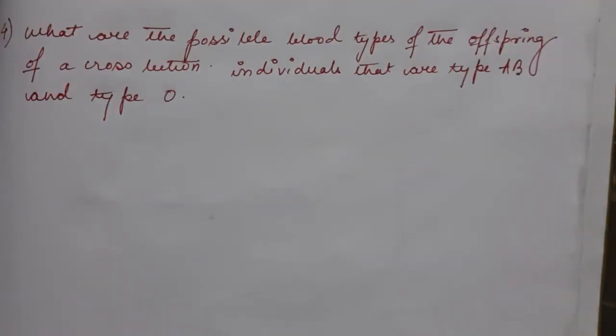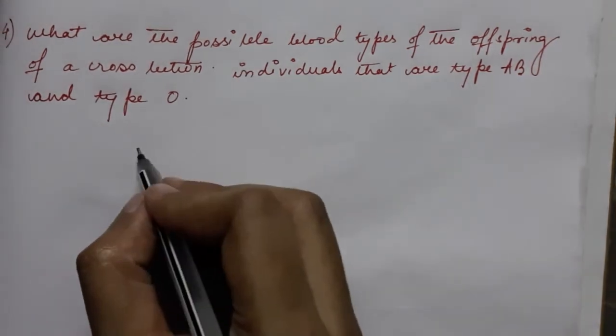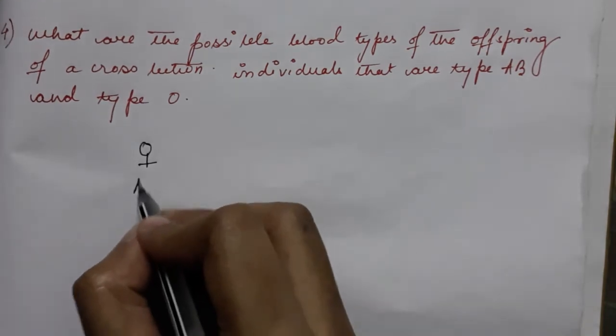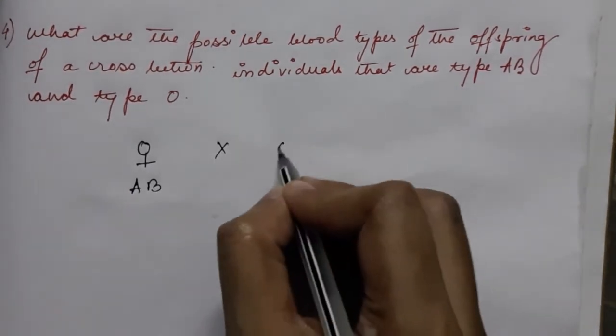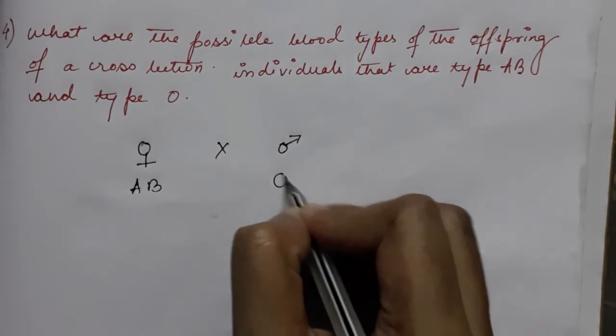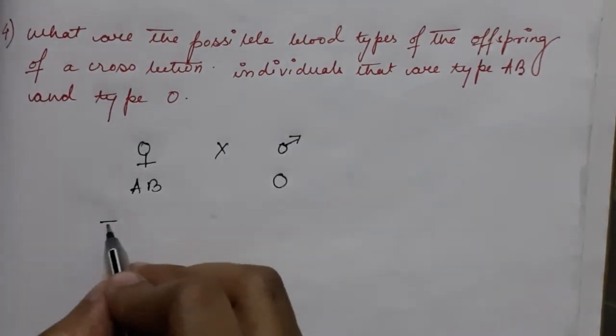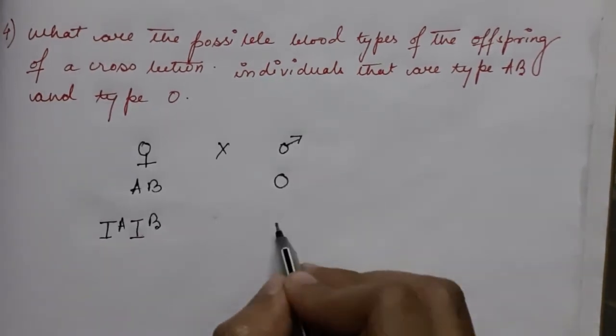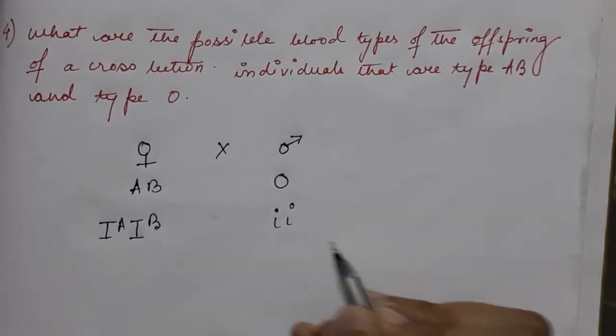Our next question is, what are the possible blood types of the offspring of a cross between individuals that are type AB and type O? It is very easy. Still, let's solve it. So, if we consider that female is AB and the male is O blood type, their genotype will be IA IB, and here it will be small i small i.